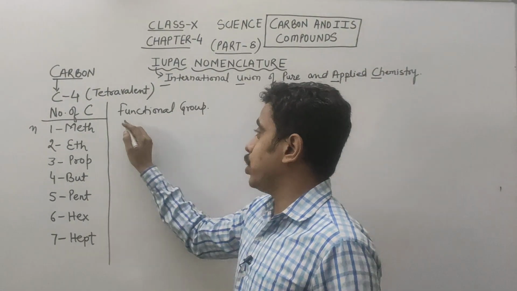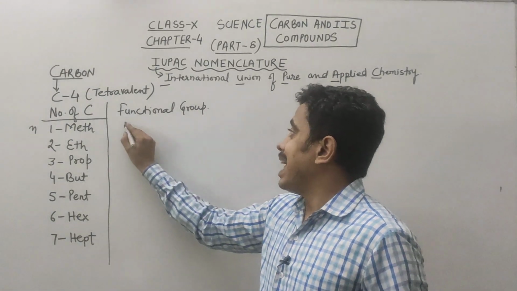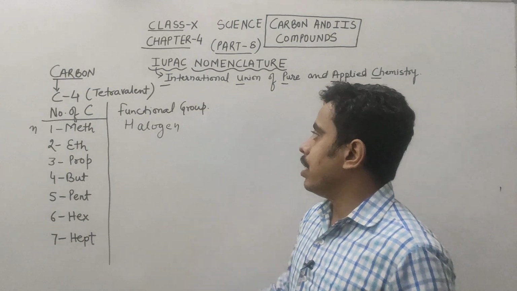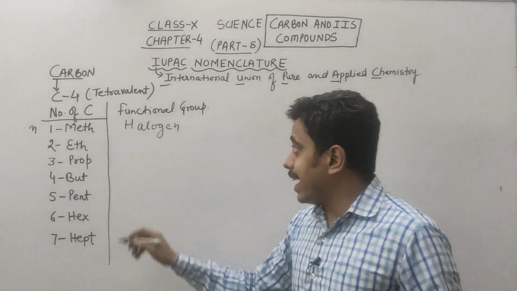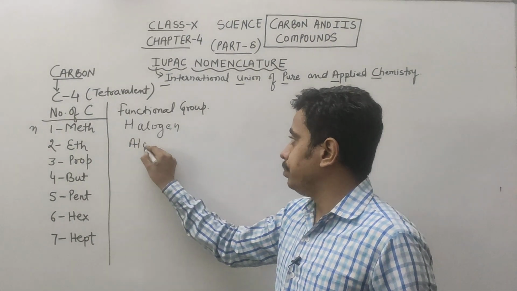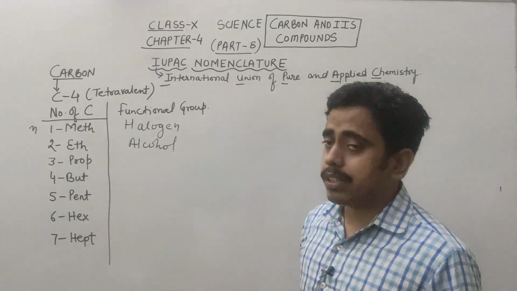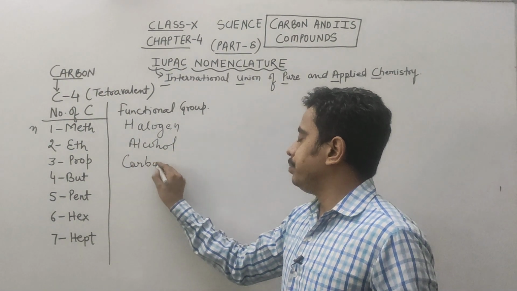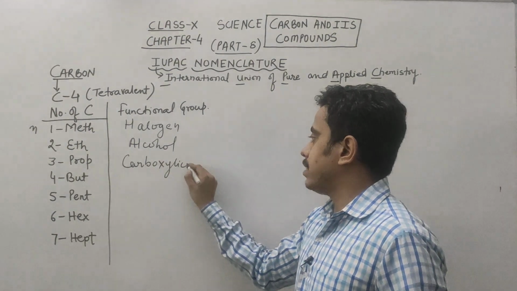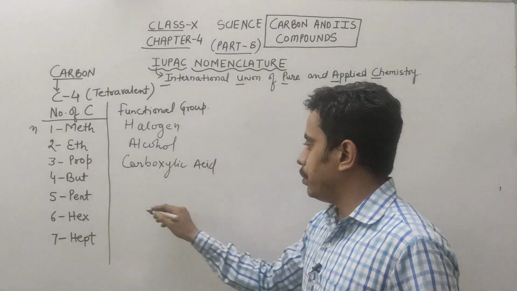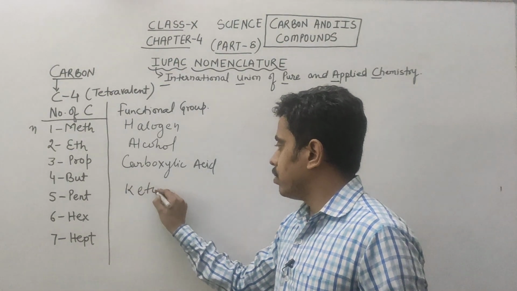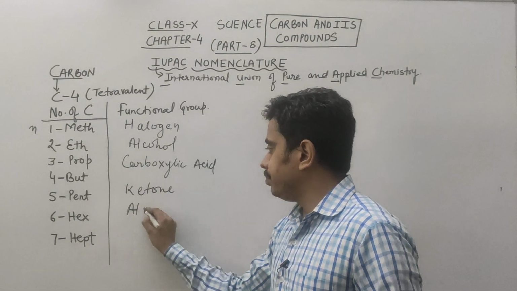The first functional group we will see is halogen. The second functional group we will see is alcohol. Then we will see carboxylic acid. Then ketone, aldehyde.